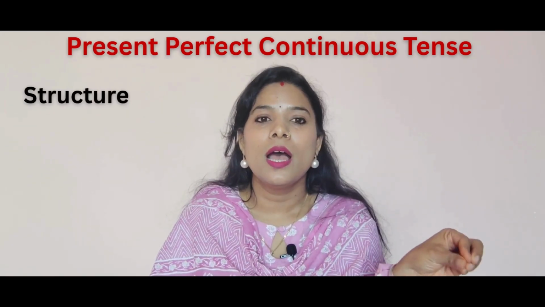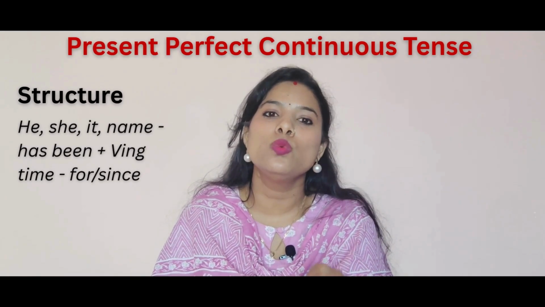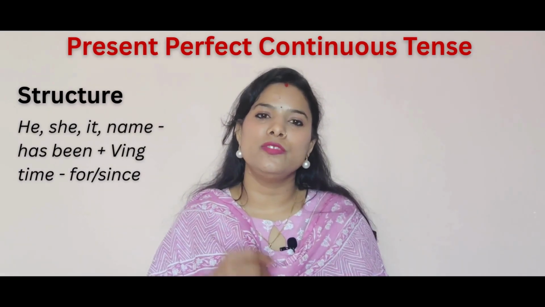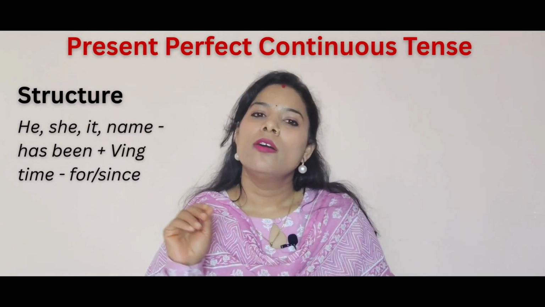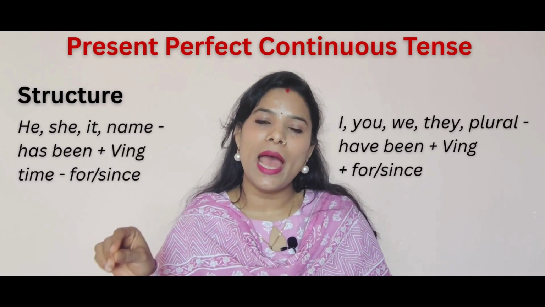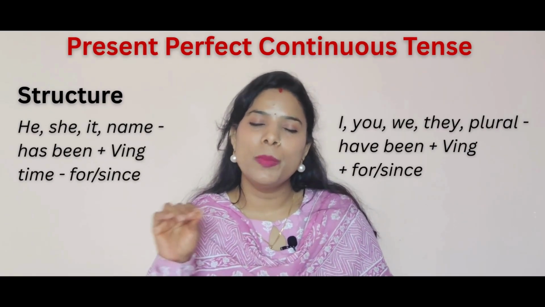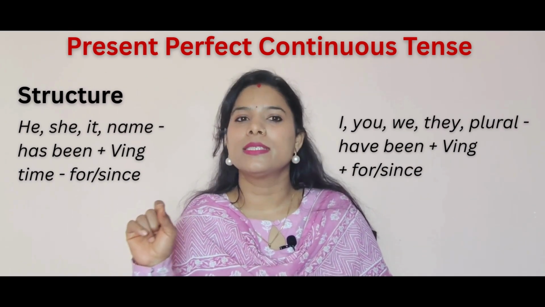The structure is with he, she, it, and name, we use has been, and verb ing form, and for the time period we use since or for. For I, you, we, they, and subject plural, we use have been, and verb ing plus for and since.